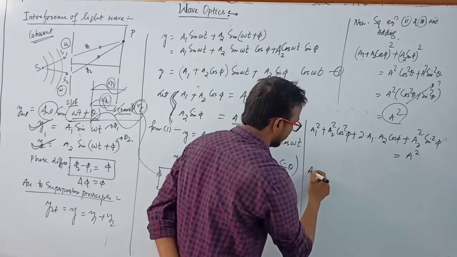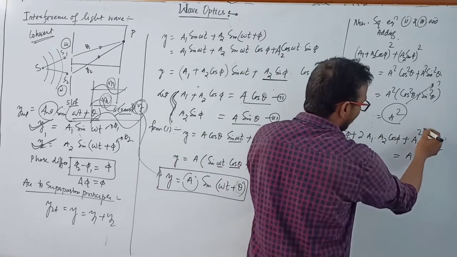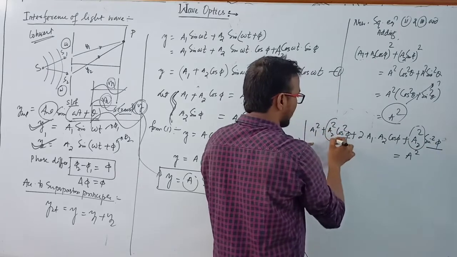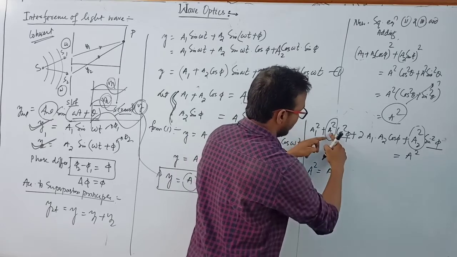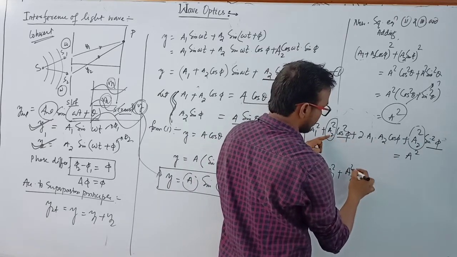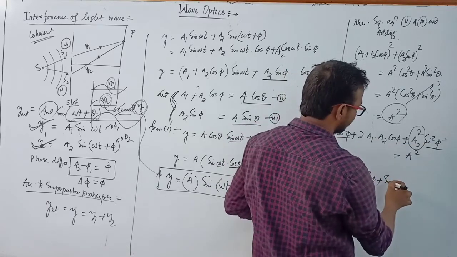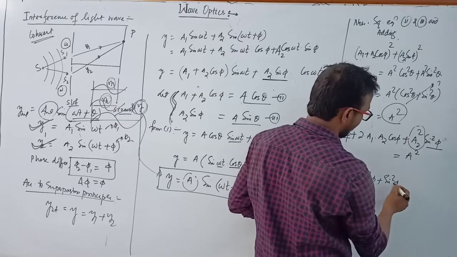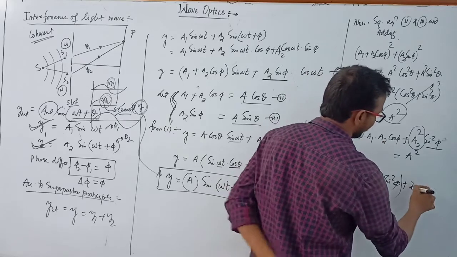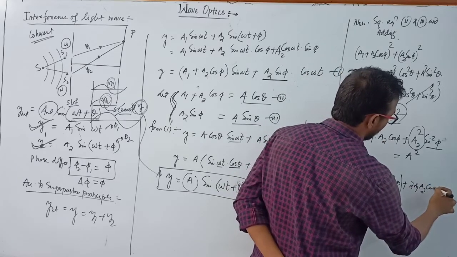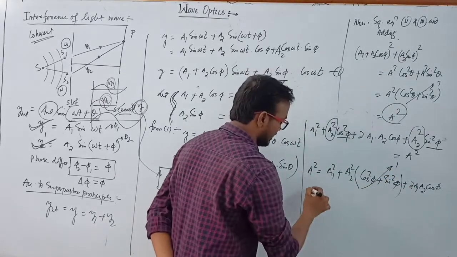Now a2 square is common, so you can write a1 square plus a2 square, common, then the remaining part cos square phi plus sin square phi, plus 2 a1 a2 cos phi, and cos square phi plus sin square phi is 1.